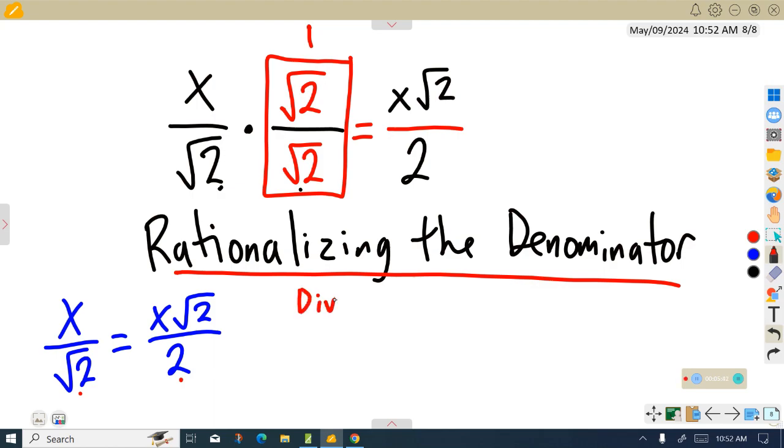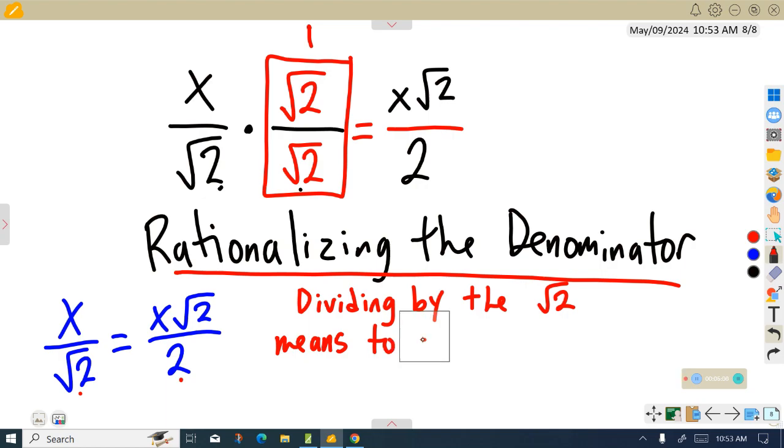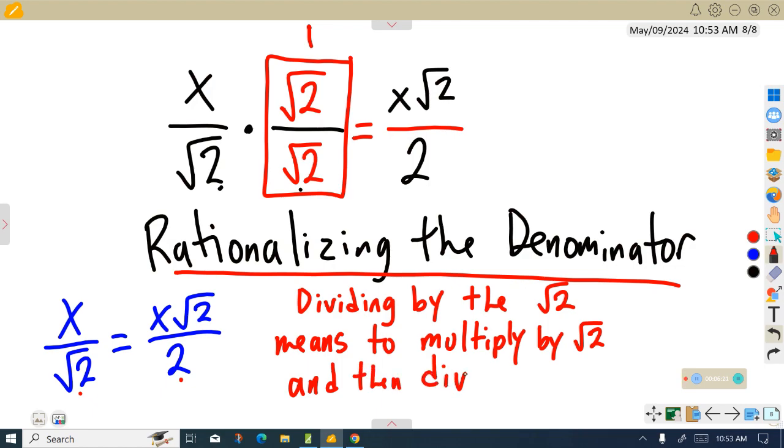Put this sentence down in your notes if you're taking notes right now. Dividing by the square root of 2 can also mean to multiply by the square root of 2, and then after that, you got to divide by 2.